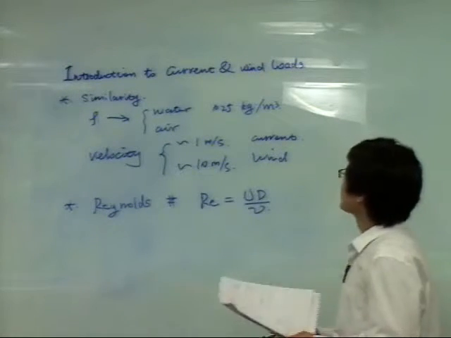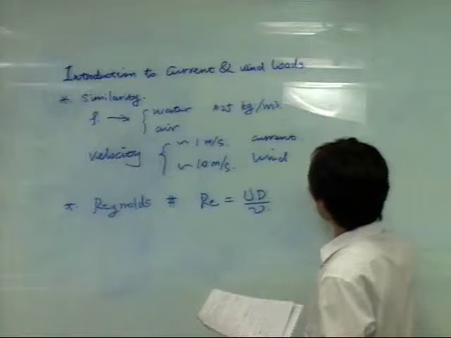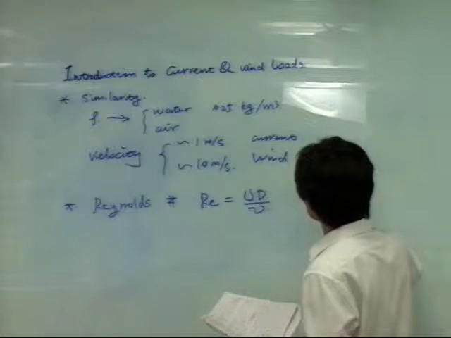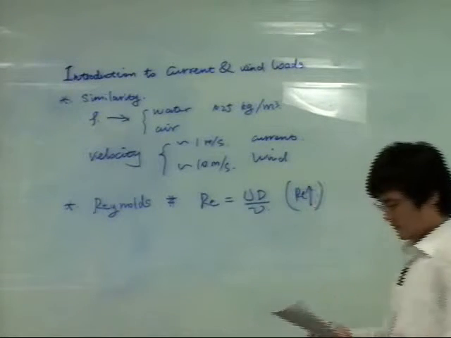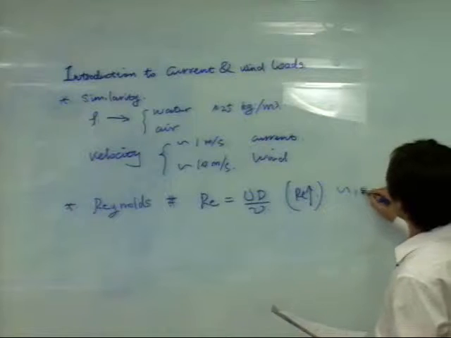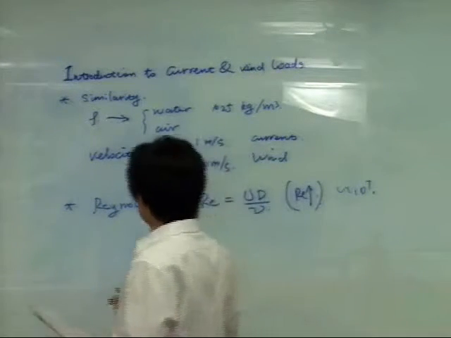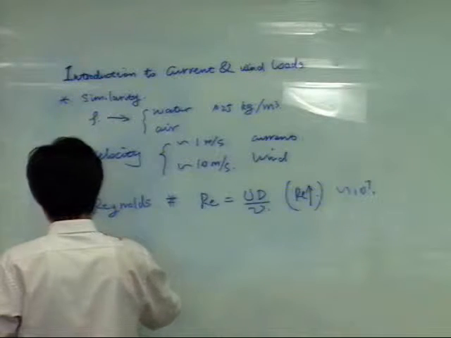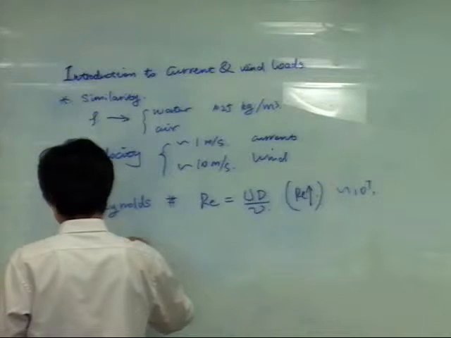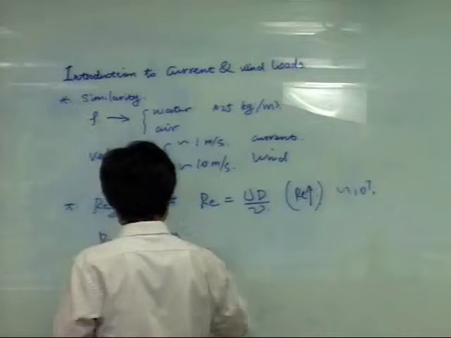For wind and current load problems, we're typically talking about high Reynolds numbers, so on the order of 10 to the 7th. Another parameter is called roughness number.